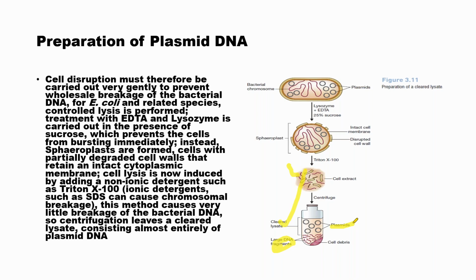As a result, we get a cell extract with plasmid DNA and chromosomal DNA which is still attached to portions of the cell wall, and this can be settled by proper centrifugation, whereas the supernatant, or the clear lysate, contains plasmid DNA. This is the method we use for the preparation of plasmid DNA based on size.